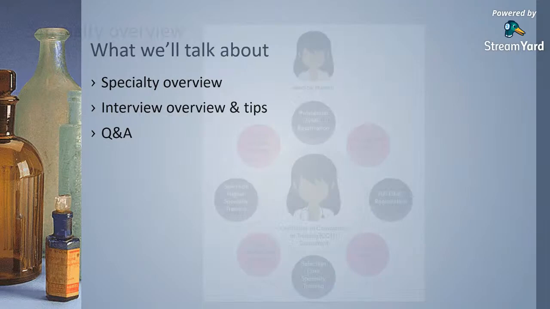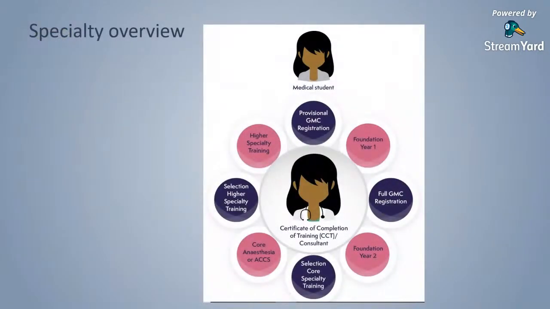So this is basically the pathway that you will go through if you want to be an anesthetist. After you graduate from medical school, you get your provisional GMC registration. After you've completed your F1 and F2 years, you can either take some time out or apply straight away for core training.